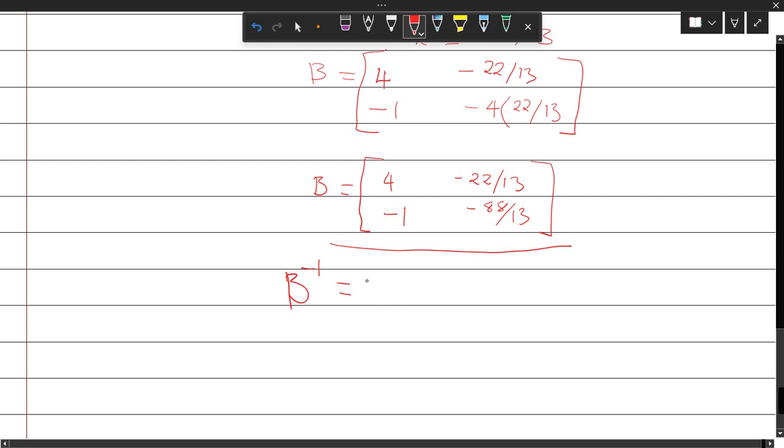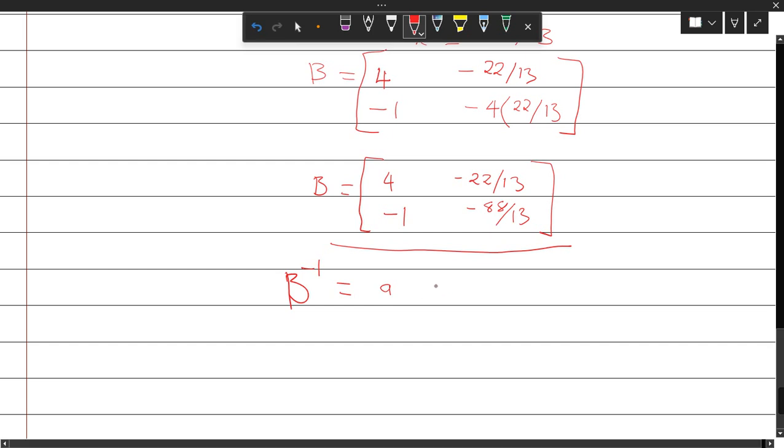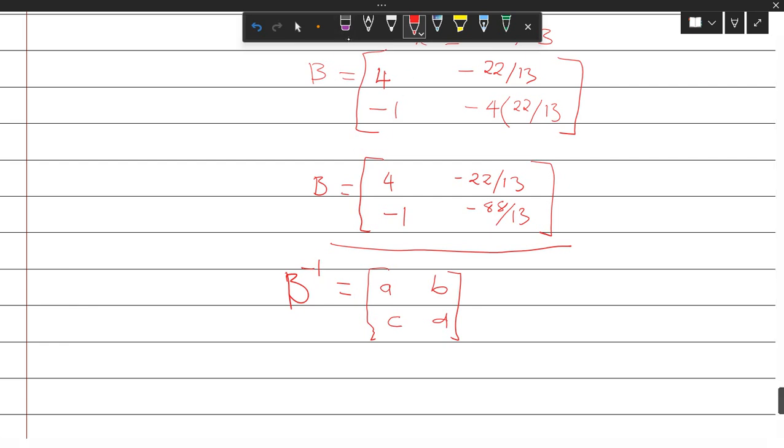For the formula, say the example matrix has values A, B, C, D. For instance, this is B. Let me use a different letter because B has already been used.